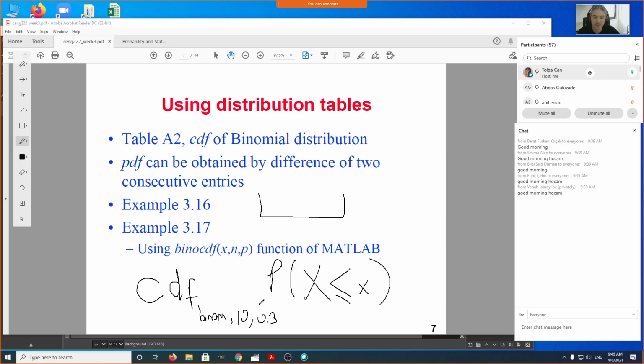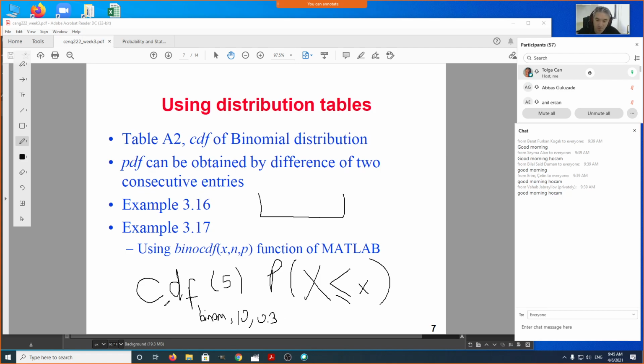So we write the parameters here, and when we write, for example, the binomial CDF at 5, this gives us the probability of obtaining 5 or fewer successes in 10 trials when the success probability is 0.3.